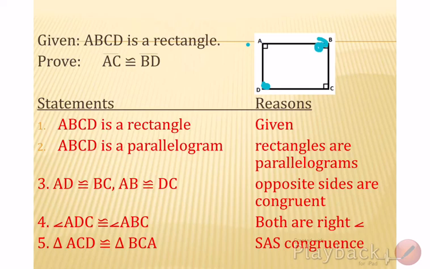They're both right angles, so they're congruent. And back to our triangles. Triangle ACD is congruent to triangle BCA. These are right triangles. Do you see it?